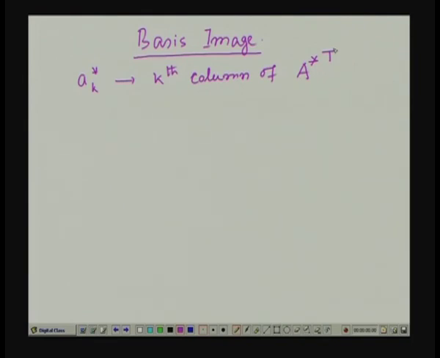And now, if I define the matrices A k L star as A k star into A L star transpose. So, you find that A k star is the kth column of the matrix A star transpose.